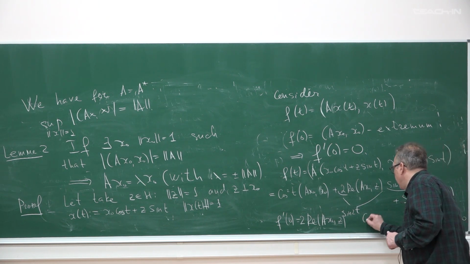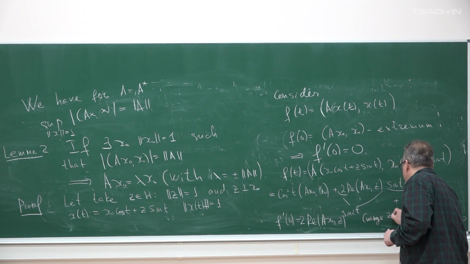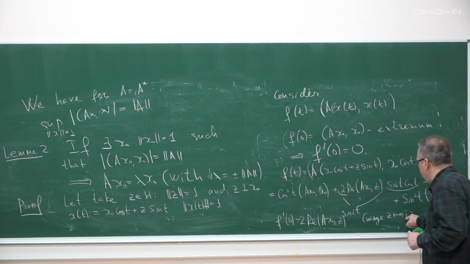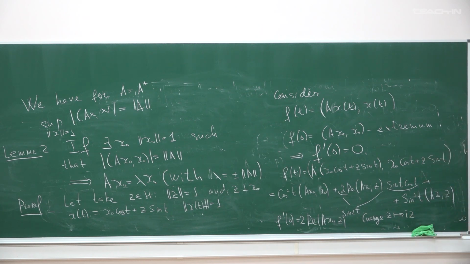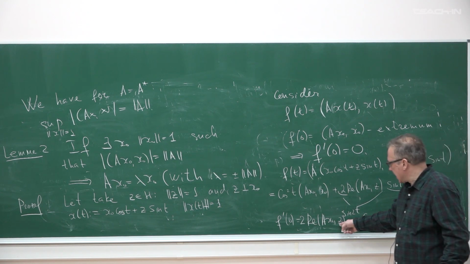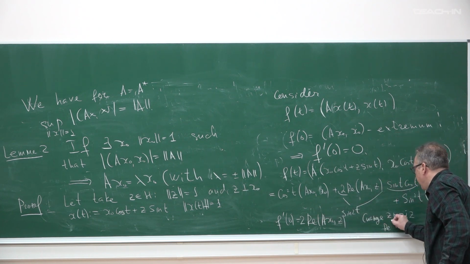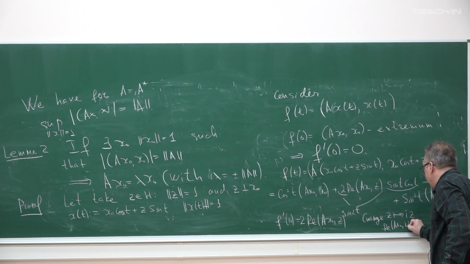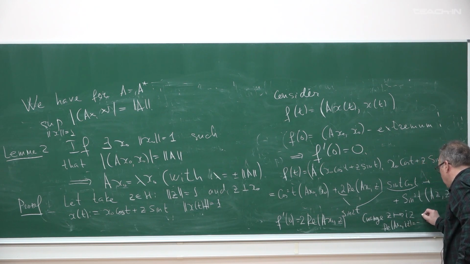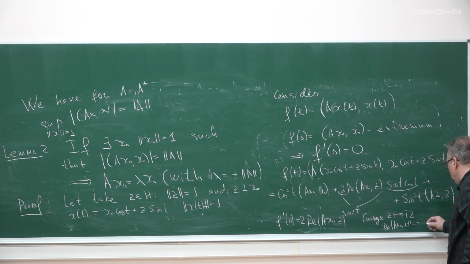And then change z to iz, the imaginary unit. What happens with the real part? It is minus imaginary, because I take minus iz, so it is real A x0, iz equals minus the imaginary part of A x0, z, or plus.